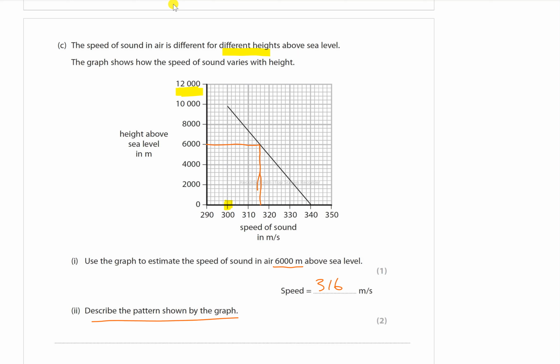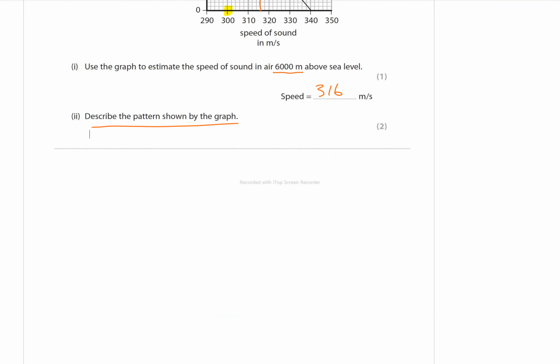Describe the pattern. Speed of sound decreases with height, and it is a linear relationship. Okay, let me write that down.